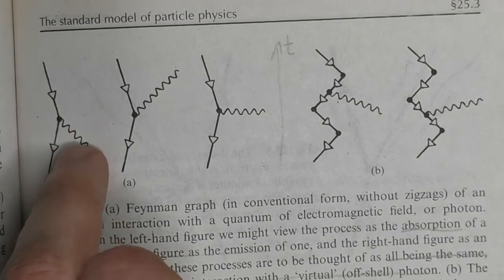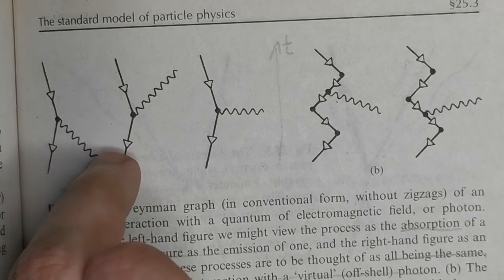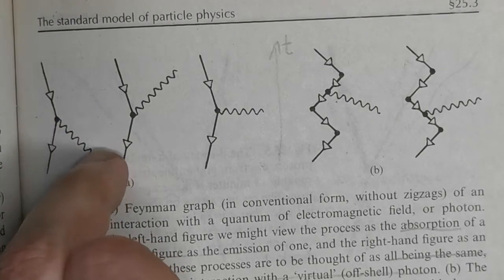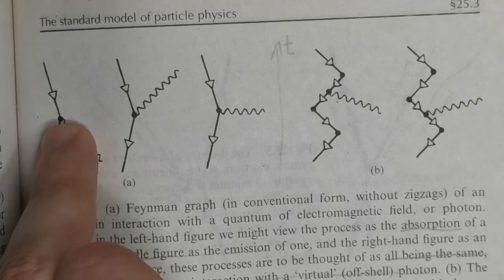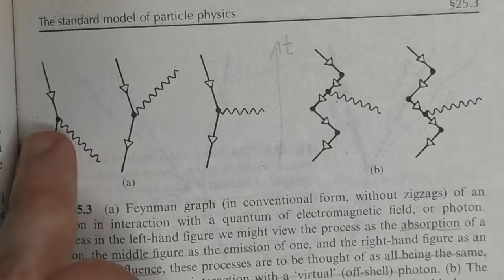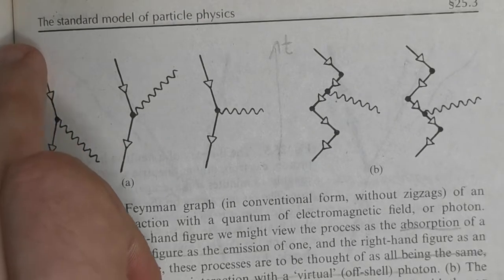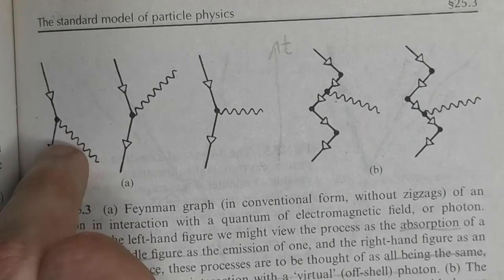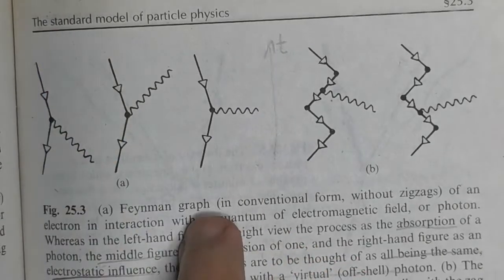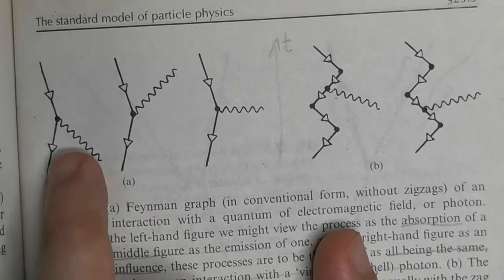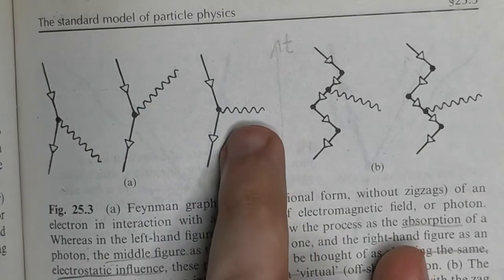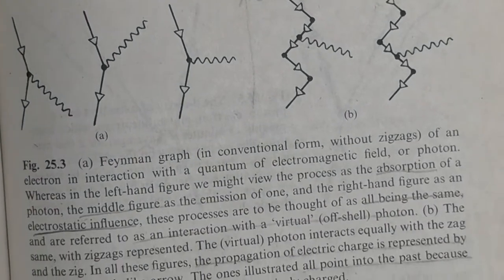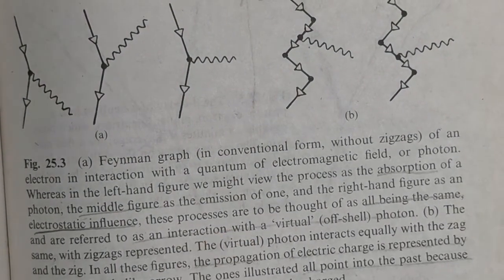So we have an electron flying in some trajectory. It interacts with a photon, and considering all the conservation laws, like momentum conservation, the electron will fly somewhere to the left after the interaction with the photon. In this case we have absorption of the photon, in this case we have emission of the photon.